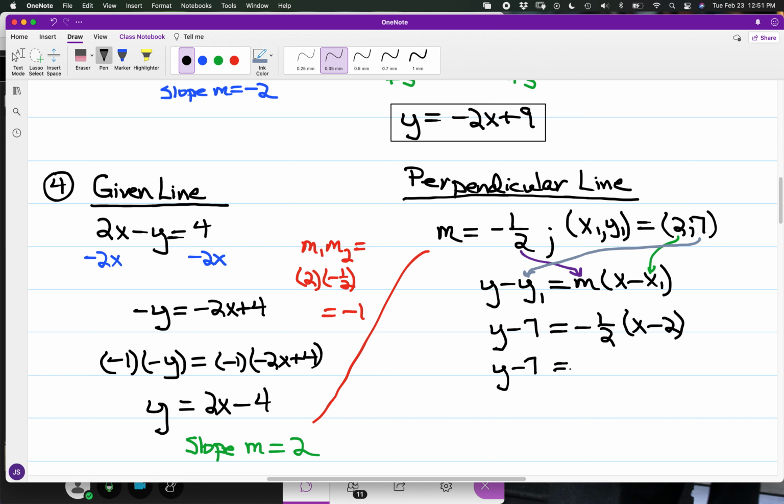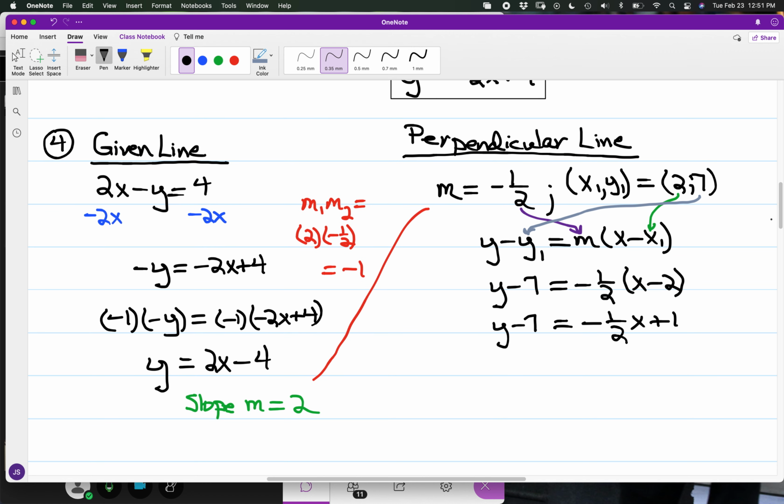With the distribution of -1/2 over the quantity of x minus 2, we have -1/2 x plus 1. And then upon adding 7 to both sides.